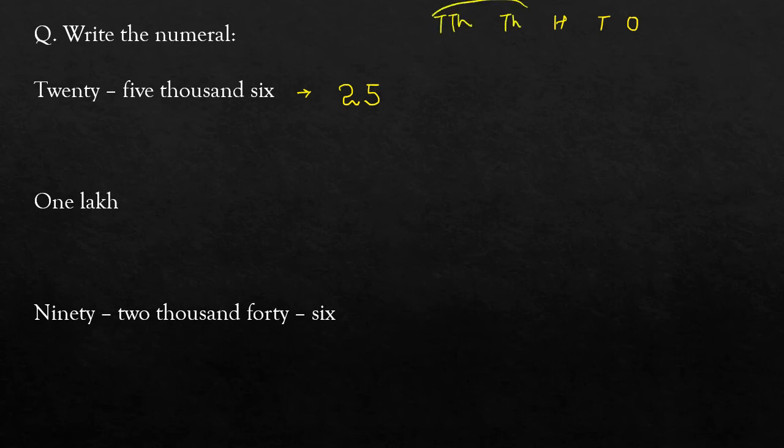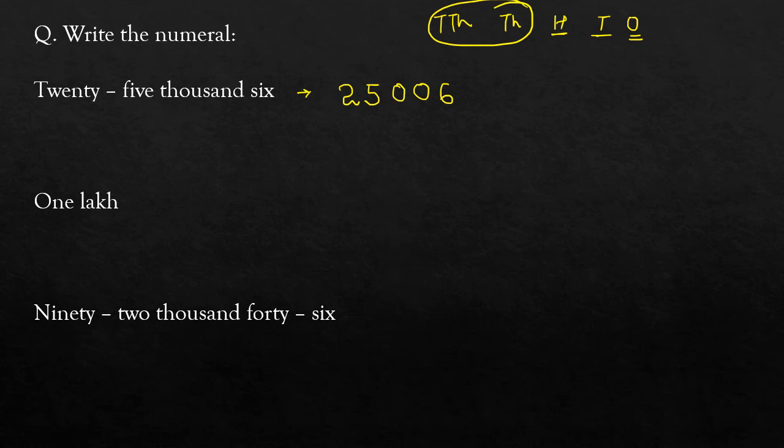So we have written the digits at 10,000 and 1000 place, 2 and 5. Then we have 6. 6 is at ones place, which means two places are not given to us, hundreds and tens. So we will put two zeros first. 0, 0, 6.